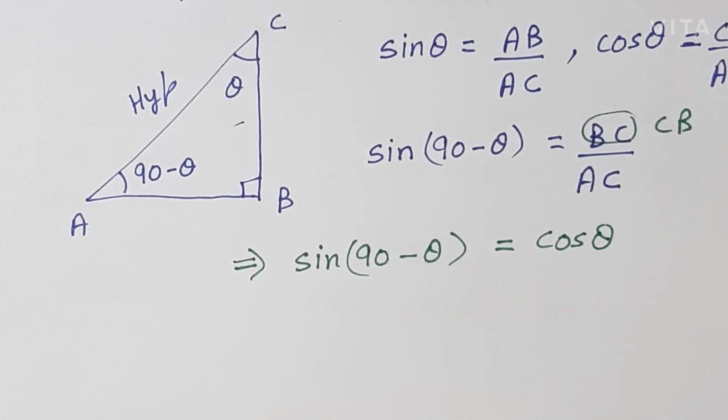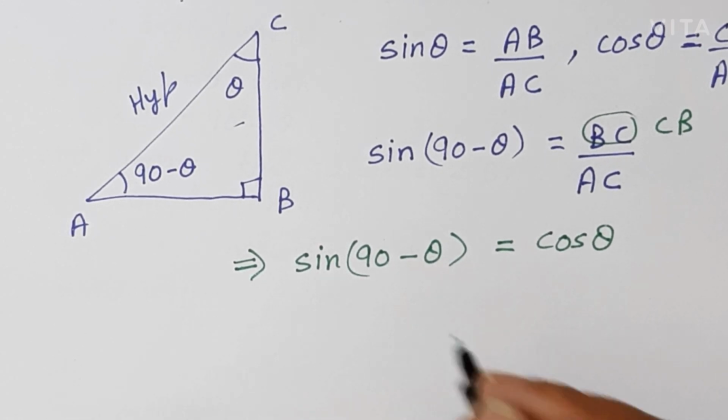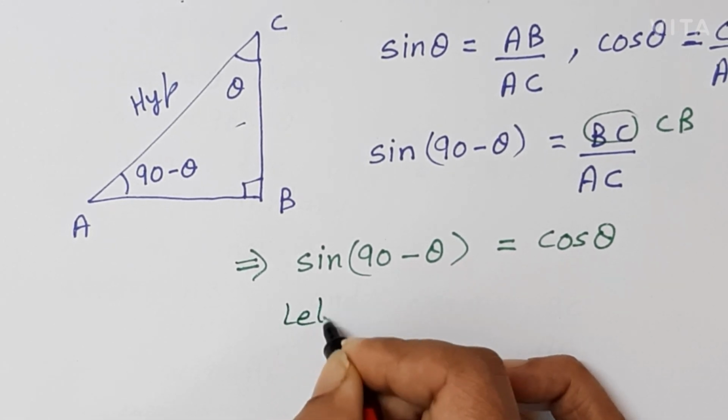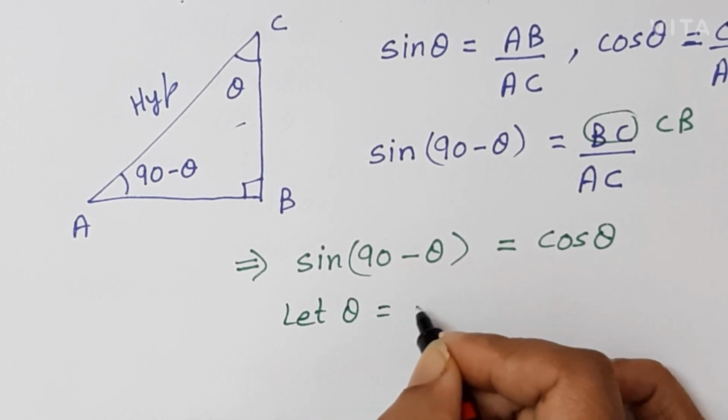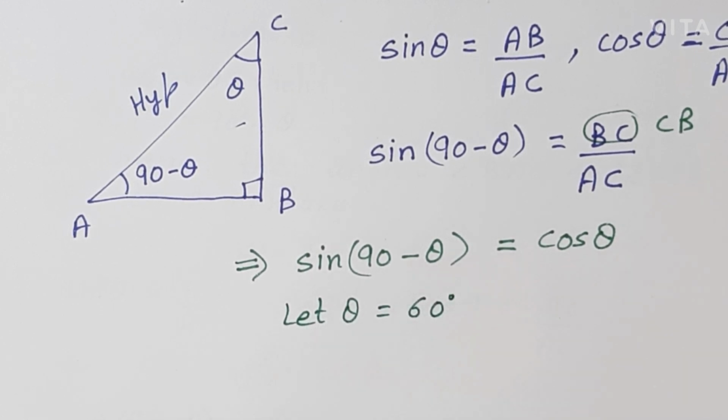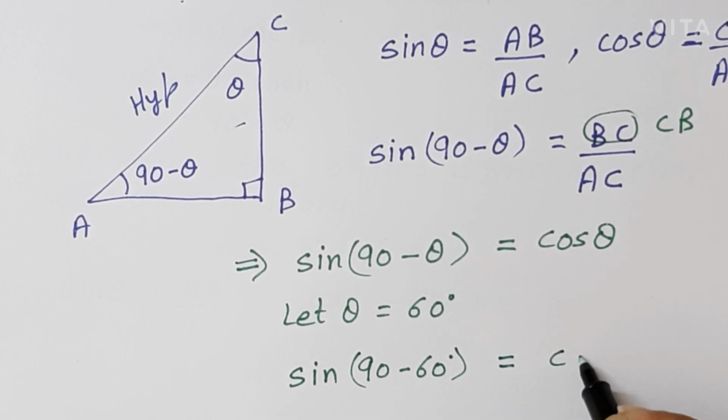Now let us take an example here. Suppose theta is equal to 60 degree, right? Now let's put the value here. Sin 90 minus 60 is equal to cos 60.